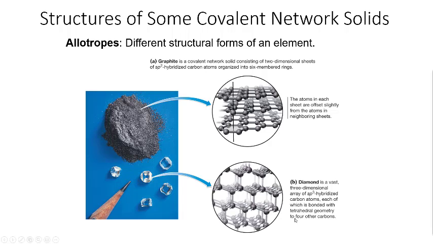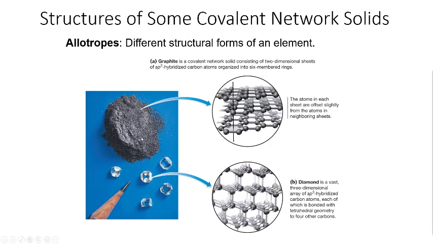These flat sheets are sp2 hybridized carbon atoms. But if we have sp3 hybridized carbon atoms in a three-dimensional shape, we form diamonds. They're both carbon. It's exactly the same material. It's just sp2 versus sp3.